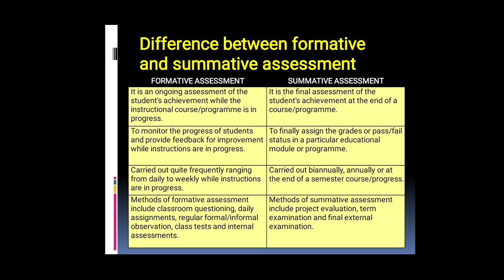Difference between formative and summative assessment. Formative assessment is an ongoing assessment of the student's achievement while the instructional course or the program is in progress. Summative assessment is the final assessment of the student's achievement at the end of the course or the program. I hope these are all self-explanatory.